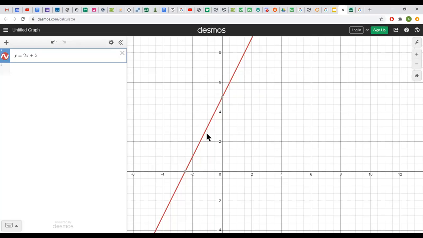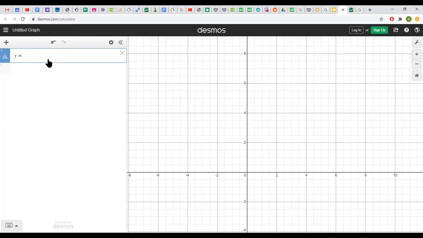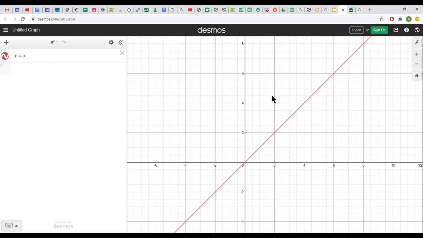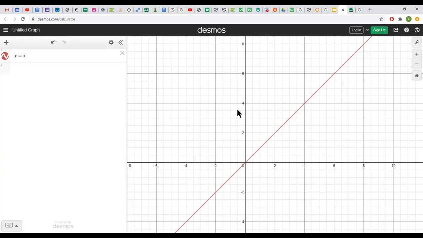Okay, so now I'm going to teach you a way that we can identify functions by looking at their graphs. This is called the vertical line test. Let's just say we have y equals x, for example. The way we can test to see if this is a function is, we can imagine a vertical line that's passing through this graph.